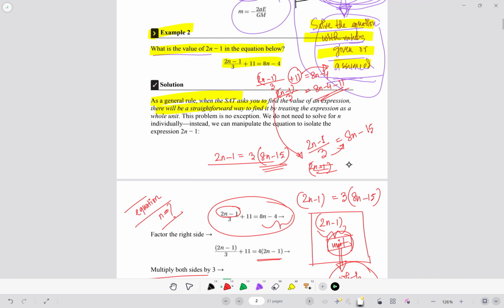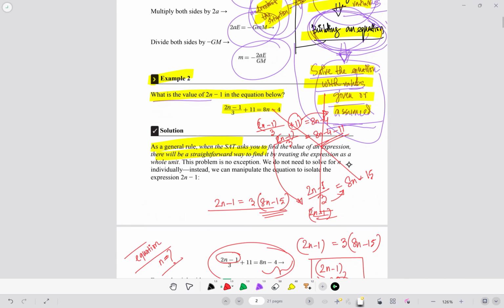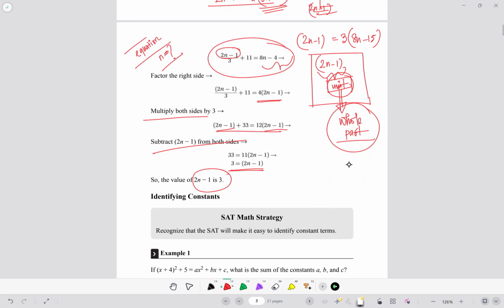This is wrong. This is not an equation-based problem. They will try to make you understand that you need to treat 2n minus 1 as a whole part, not with the concepts of equations, but maybe it will be transparently mentioned in the questions.